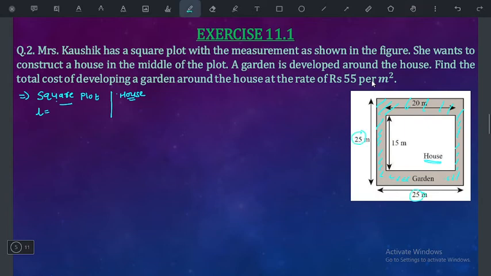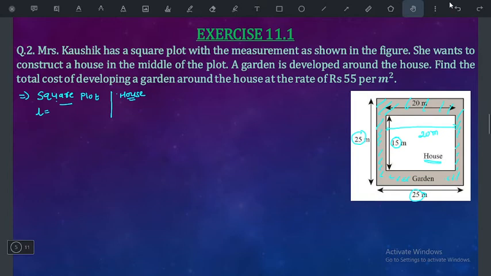For the house, the length is 20 meter, and the house height, that means breadth, equals 15 meter.